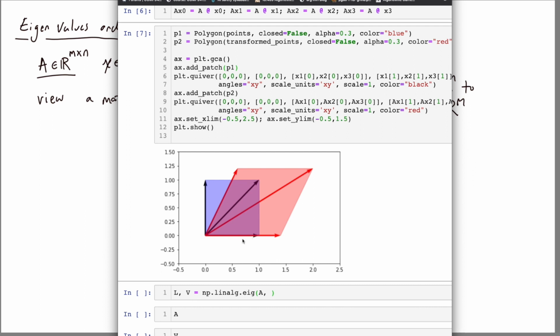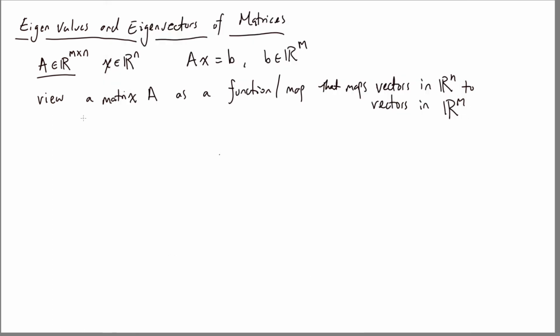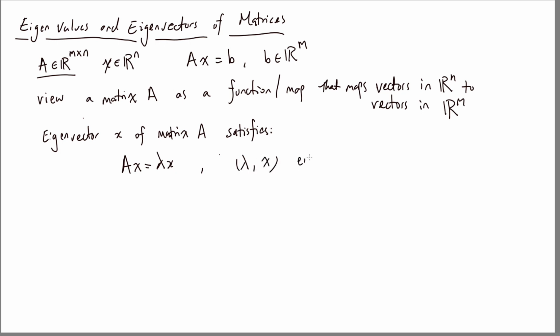And this is what we call an eigenvector of A. Okay, so if you recall, perhaps from high school or other courses you've done, an eigenvector X of matrix A satisfies AX equals lambda X. And we call lambda and X an eigenpair.